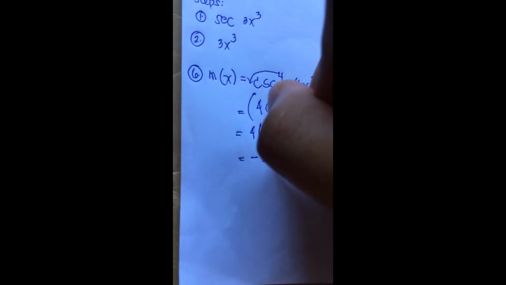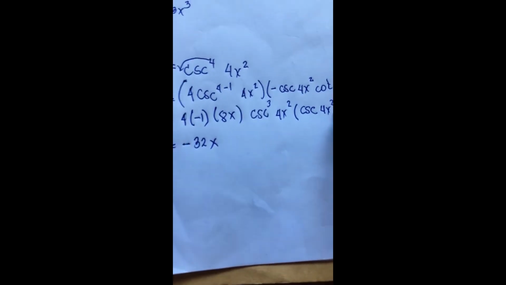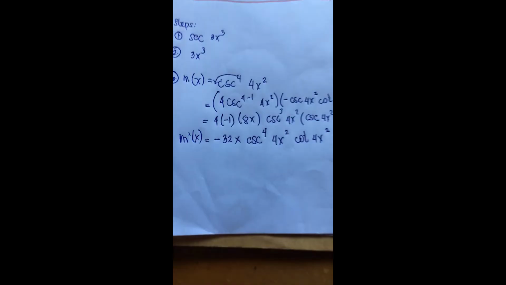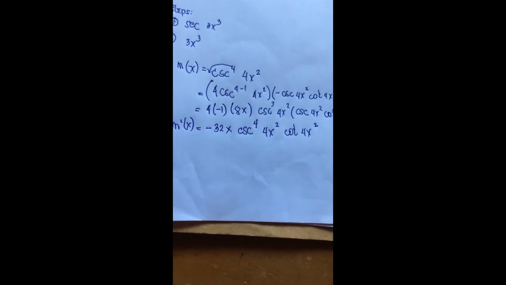So 4 times negative 1 times 8x, we have negative 32x. Next, di ba you can multiply this one, since they have the same base and also they have the same trigonometric function. So magiging cosecant 4x squared cot 4x squared. And this is now your final answer. m prime of x is equal to negative 32x cosecant 4x squared cotangent 4x squared.